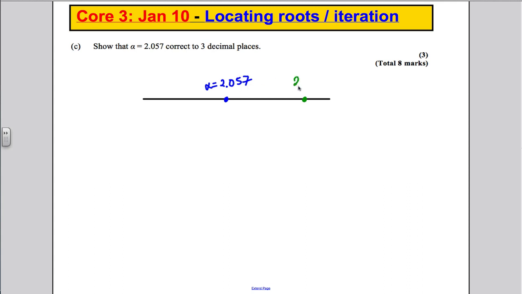This is accurate to three decimal places, so you would check 2.0575, 0.0005 bigger, and then you would check 0.0005 smaller, so you would check 2.0565. Now you're going to put that into the equation, our equation f of x is 0.